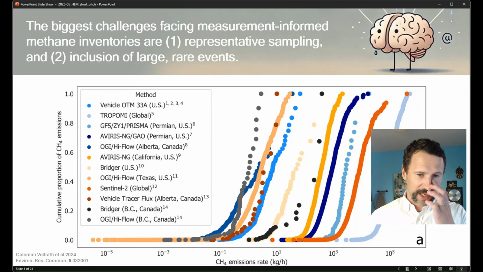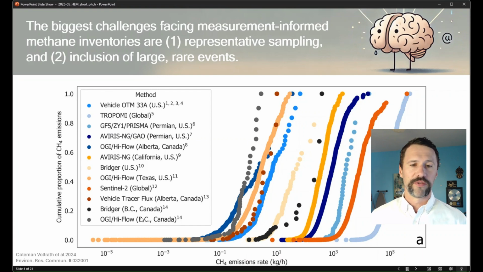You can see in the legend that, for example, this gray series of dots is an OGI, optical gas imaging camera survey, and high flow sampler survey in British Columbia, Canada. Each one of these dots represents an individual measurement in that survey, and you can see the corresponding emission rate for each one of those dots if you look at the x-axis.